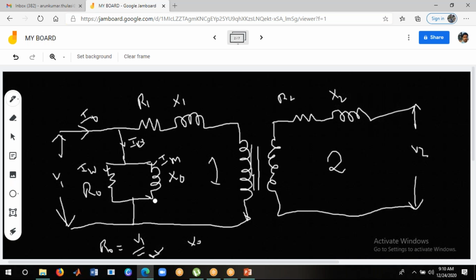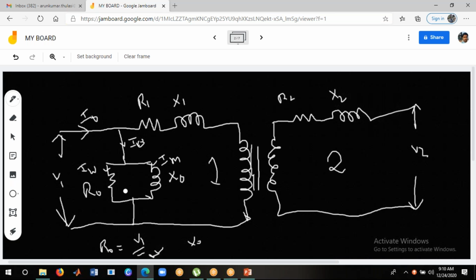So the primary circuit is responsible for iron losses and the secondary circuit is responsible for copper losses. Why? Because we are connecting the load only on the secondary circuit. So to know the iron losses, that is eddy current and hysteresis losses, you need to know the resistance and reactance of the core.